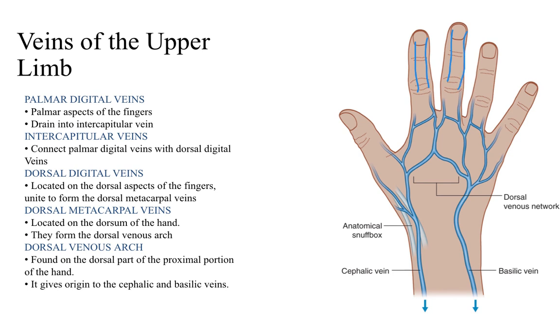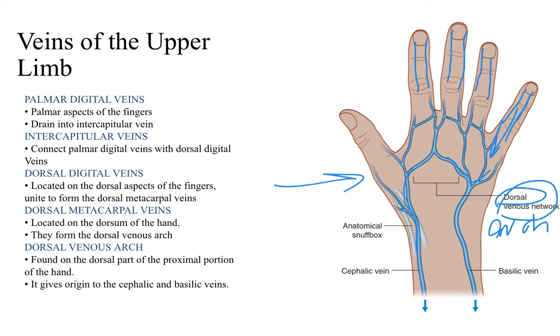But again, looking at that picture that we had talked about on the previous slide, the veins would drain the digits in this direction, and they would all drain into this dorsal venous network known as the dorsal venous arch. So this dorsal venous arch would collect the blood coming from the digits, and remember, this is the dorsal side of the hand, hence the dorsal venous arch.